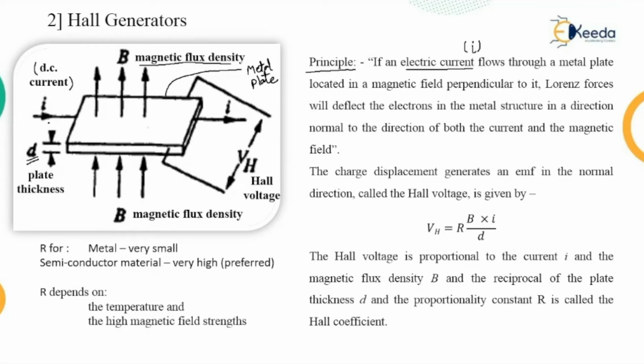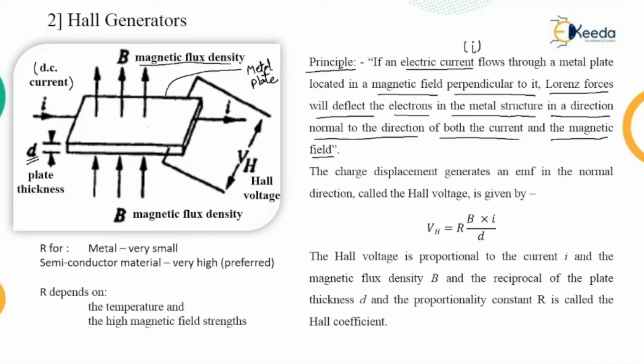So when current I passes through this metal plate placed in a magnetic field perpendicular to it, the Lorentz forces will deflect the electrons. So whatever the forces get developed, that deflects the electrons in the metal structure in a direction normal to the direction of both the current and the flux density, that is the magnetic field.